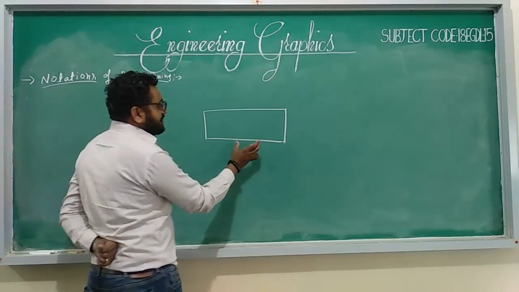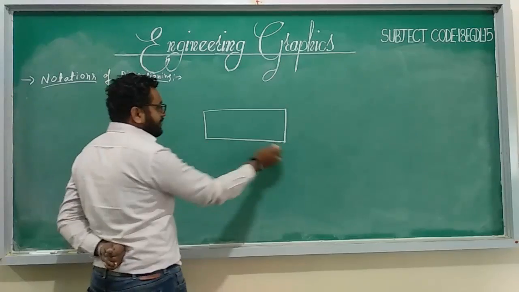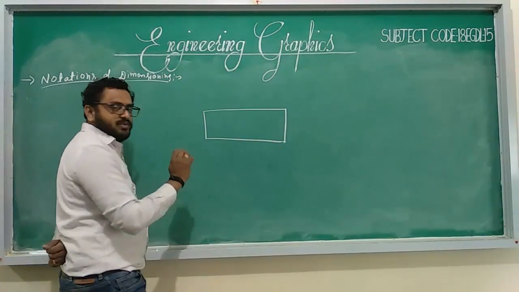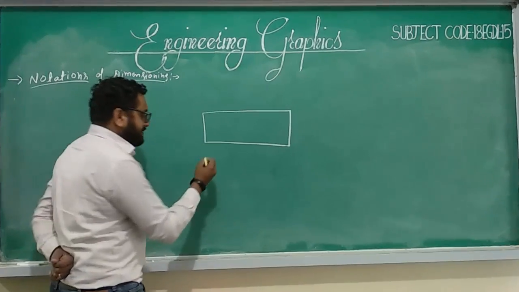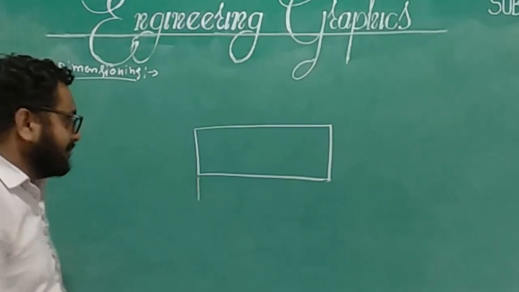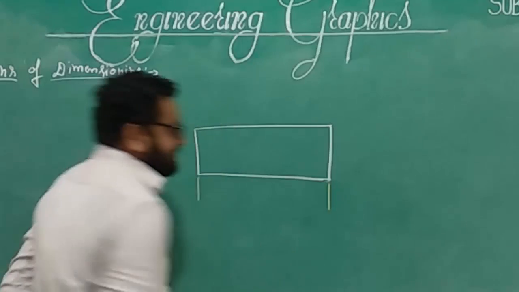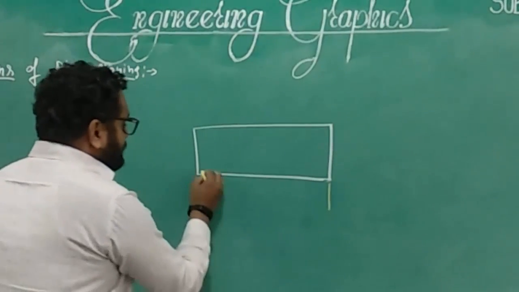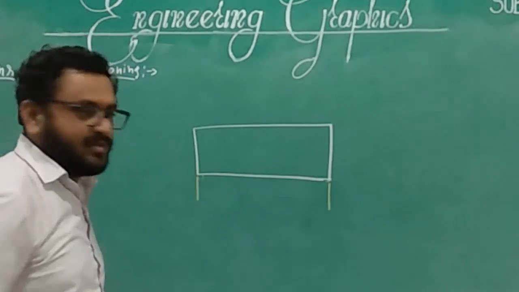For example, I want to show the length of this line. So I need to draw the extension line at either end of this line, and it should be perpendicular to this, and it should not touch the main drawing. So leave some space here. From here we need to draw an extension line perpendicular to this, and at the other end also we need to draw these extension lines. And these two extension lines should be perpendicular to the line for which we want to show the dimension.